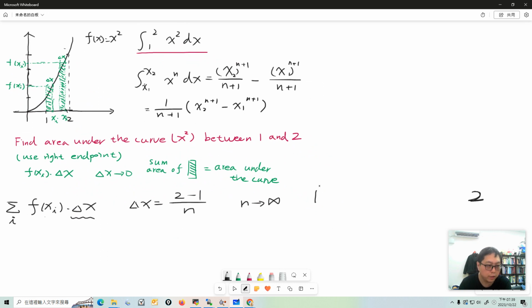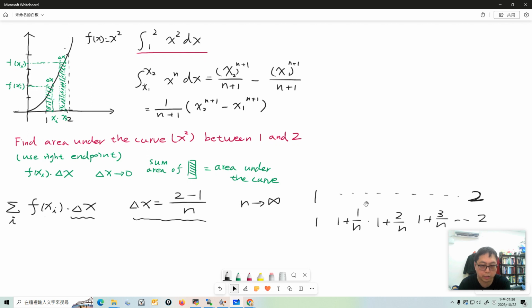So suppose we have delta x. Our xi will be 1 plus 1 over n, and 1 plus 2 over n, and 1 plus 3 over n, and all the way to 2.